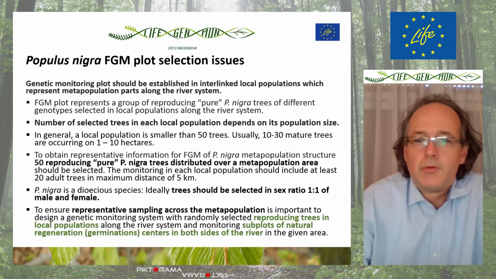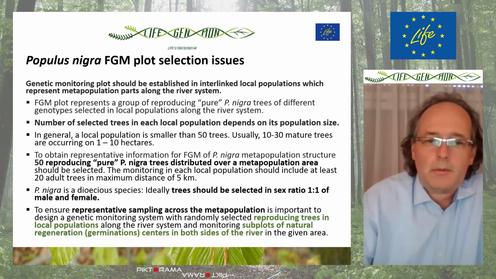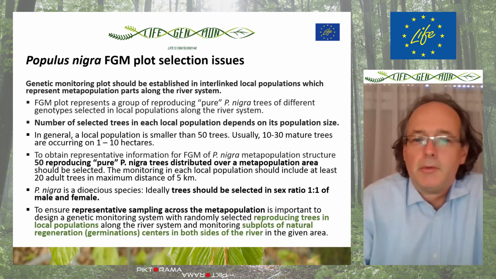Ideally, trees should be selected in a sex ratio of 1:1 of male and female trees. To ensure representative sampling across the metapopulation, it's important to design a genetic monitoring system with randomly selected reproducing trees in local populations along the river system, and monitoring subplots of natural regeneration centers on both sides of the river in the given area.